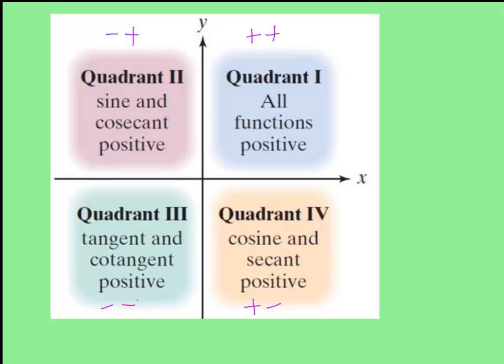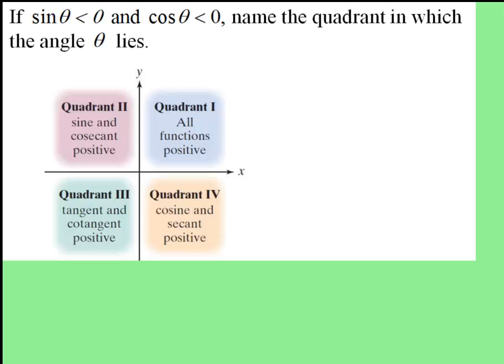In quadrant 2, only sine and cosecant are positive, because those are the y values, and all y values are positive here. In quadrant 3, tangent and cotangent are positive. Everything else is negative, because those are sine over cosine or cosine over sine, and negative over negative is positive. In quadrant 4, cosine and secant are positive because those are the x values, and all x values are positive. Sometimes we can apply that to certain properties here.